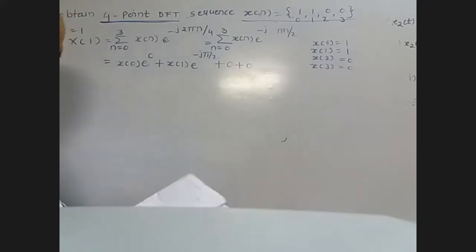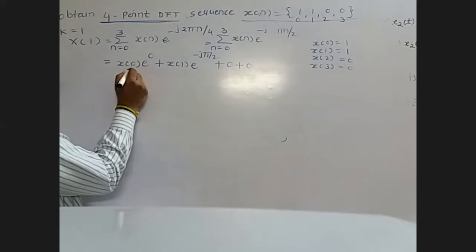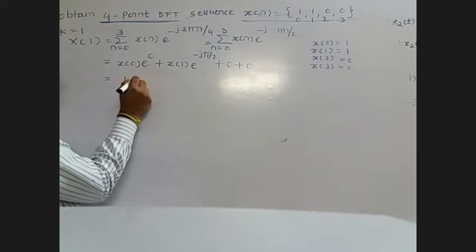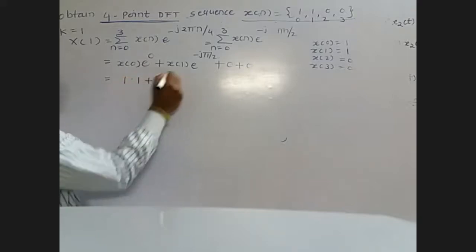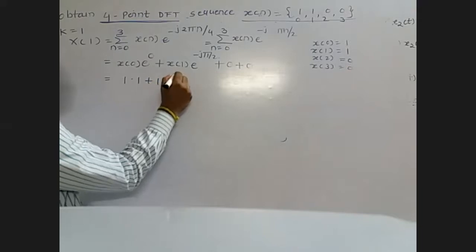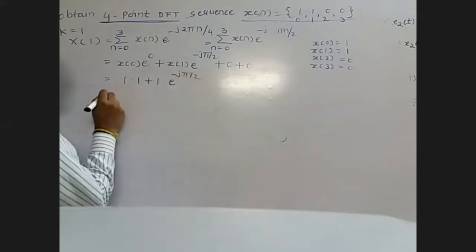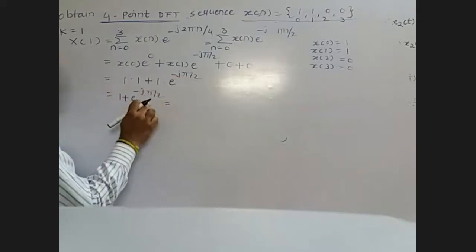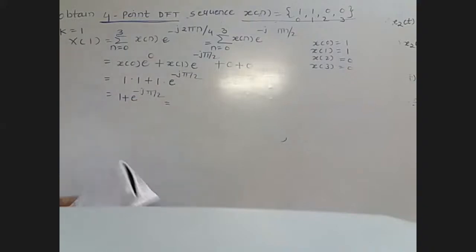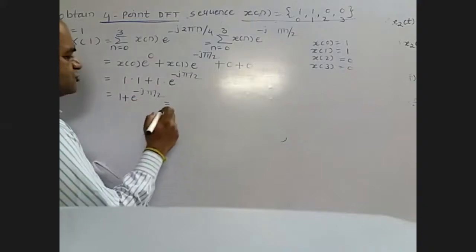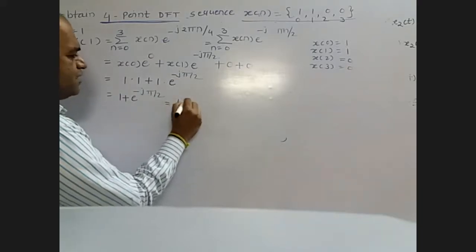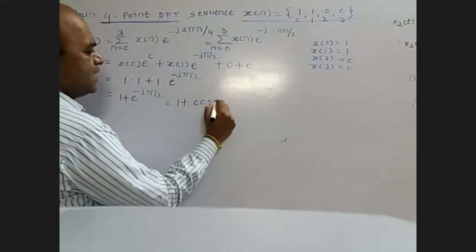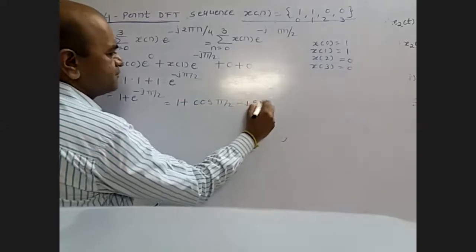At this moment, x of 0 is 1, and e raised to 0 is nothing but 1. So 1 into 1 plus x of 1 is 1 into e raised to minus j pi by 2. So you will get 1 plus e raised to minus j pi by 2. Now, we solve e raised to minus j theta as cos pi by 2 minus j sine pi by 2.